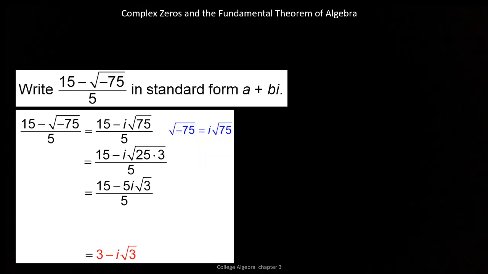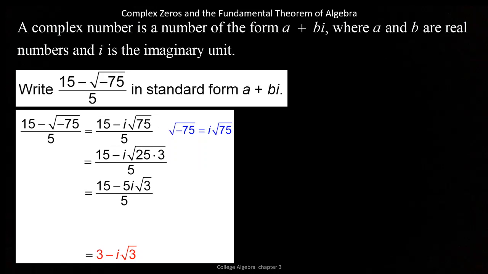All right. So it says, a complex number is a number of the form a plus bi, where a and b are real numbers and i is the imaginary unit. So gradually, when the coordinate plane was invented, people started doing geometry with complex numbers.